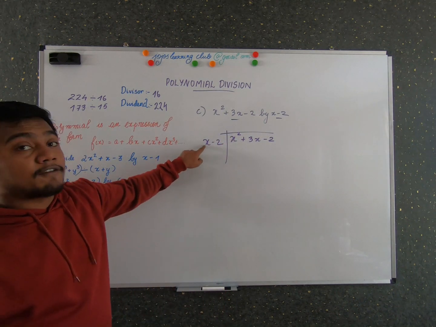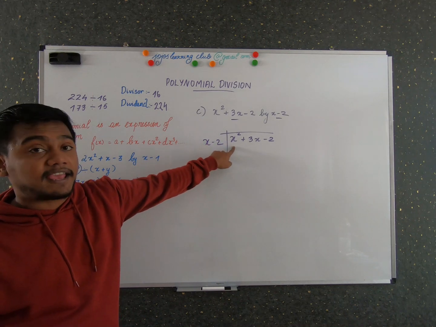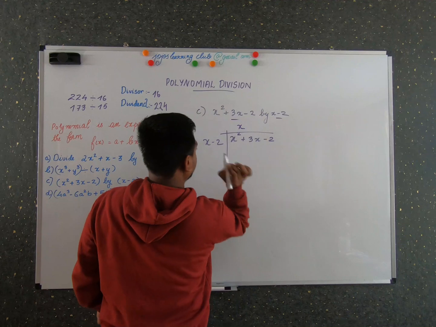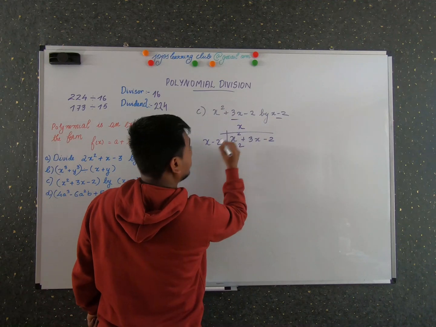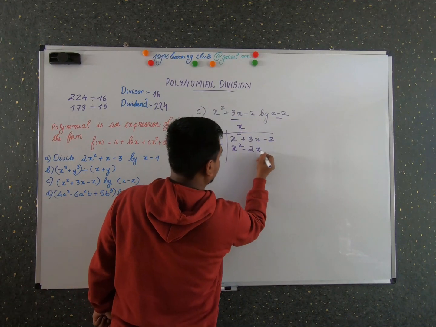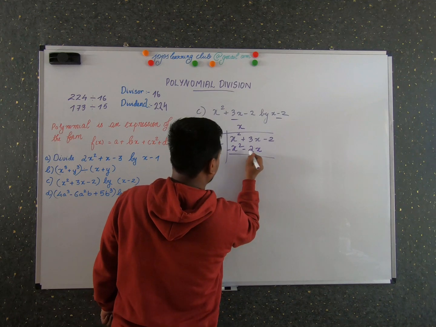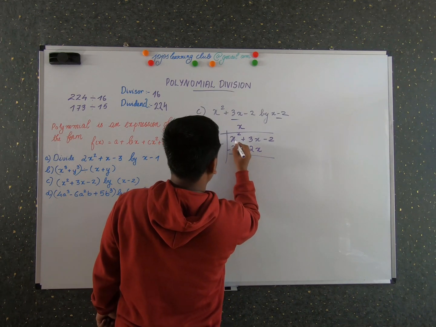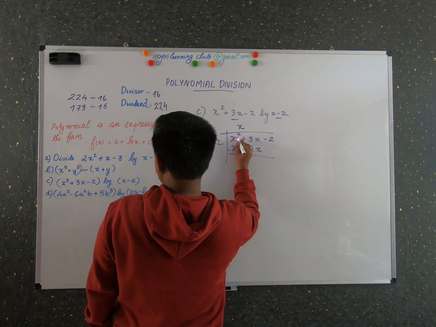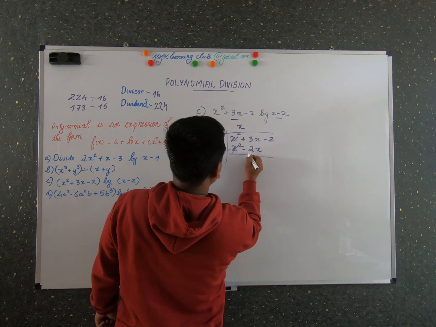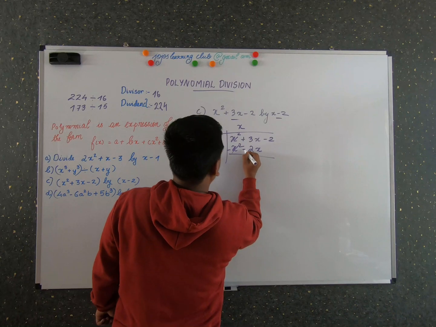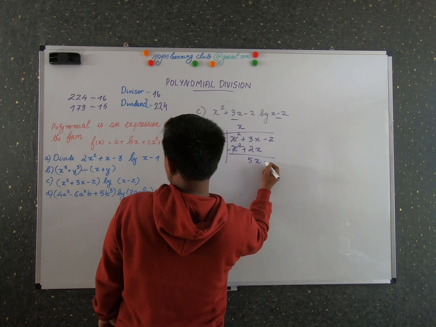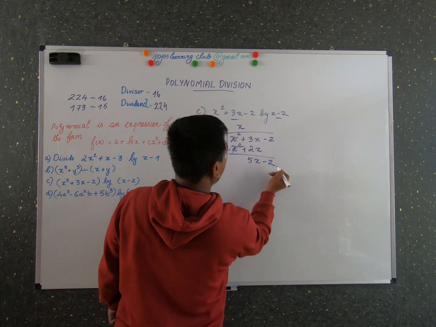Remember that when you take the first term, it is x square here. So you have to multiply x by x minus 2, which gives x square minus 2x, right? Now do the subtraction, and here it becomes minus x square, and here it was minus, now it would become plus, so 5x minus 2, right?